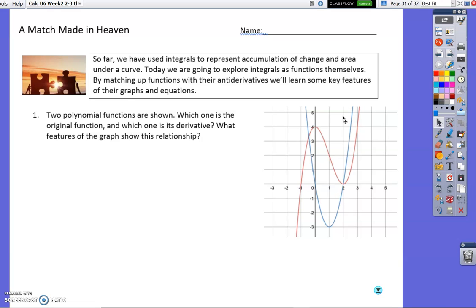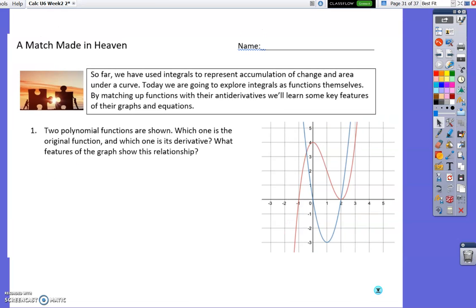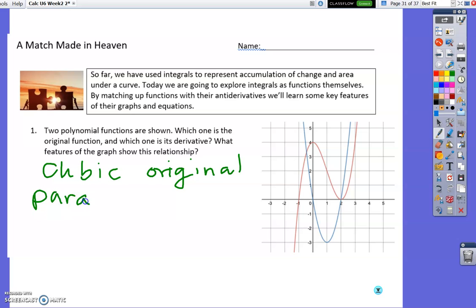And so, yes, our cubic function is the original, and our parabola is the derivative. But we don't want to just say every cubic function and parabola are related.